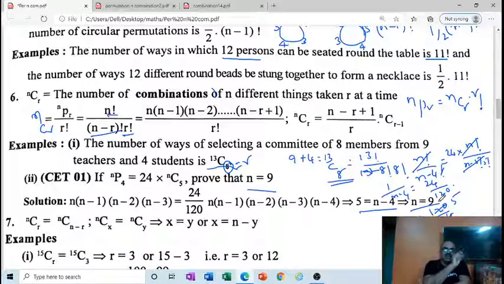So, it's not one answer, we must have 2 answers. One is r equal to 3, another one is r equal to 12.